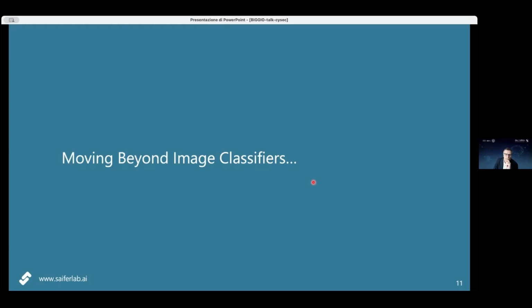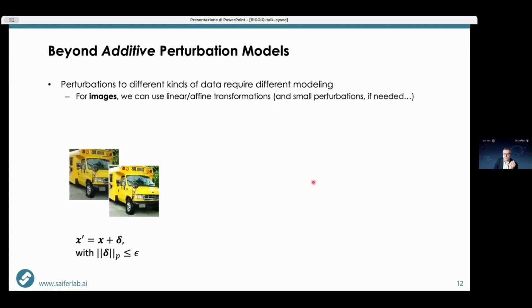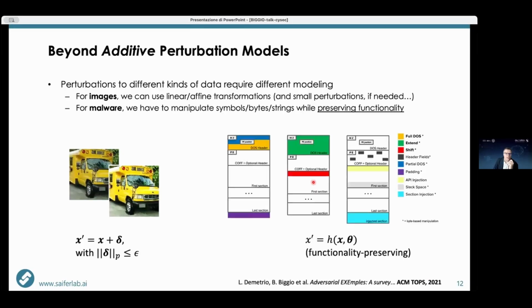So it was not really challenging in terms of designing the perturbation for this type of data. But if you consider different tasks and maybe also more realistic malware detection problems, it becomes a little more complicated to understand how to optimize this type of noise on different types of data.